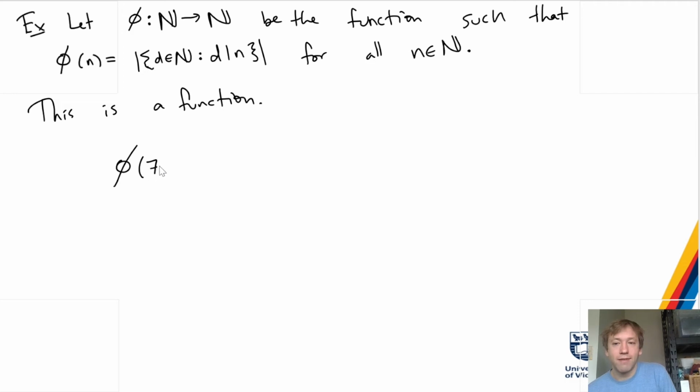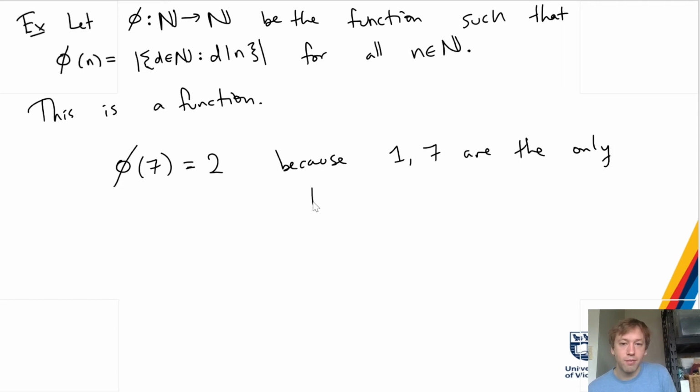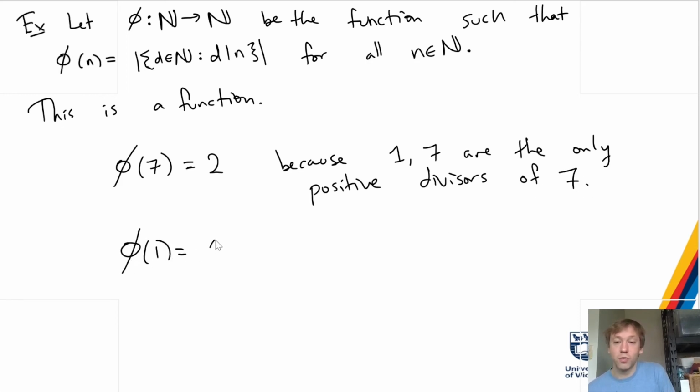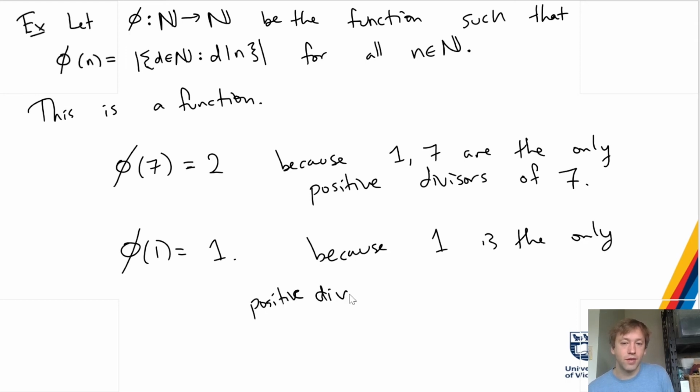So if I take phi of 7, that's going to be 2 because 1 and 7 are the only positive divisors of 7. Or if I take phi of 1, it's just 1 because 1 is the only positive divisor of 1.